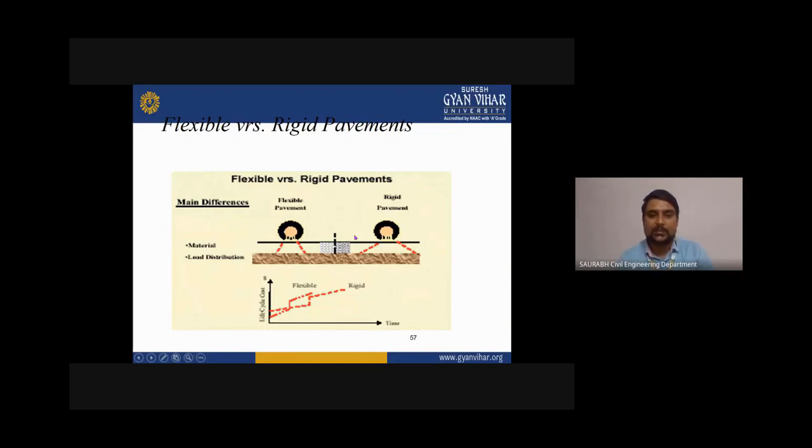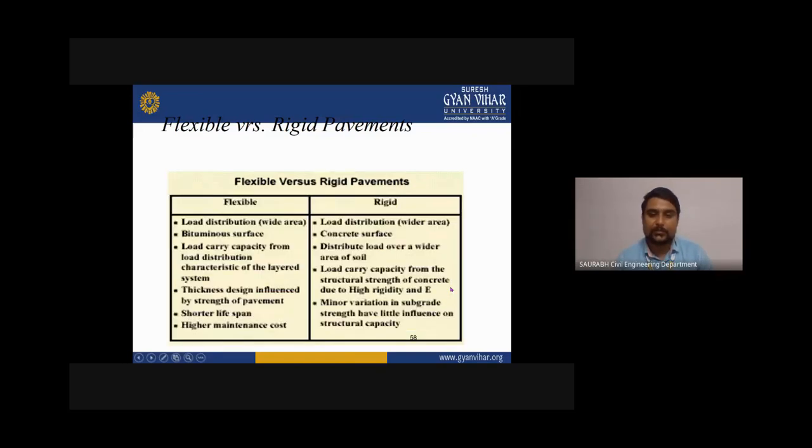As you can see here, this is the deterioration between the flexible pavement and rigid pavement. This is your flexible pavement pressure, and this is your rigid pavement pressure, and this will be the graph of life cycle and time. What will be the life cycle of the rigid pavement, as you can see here.